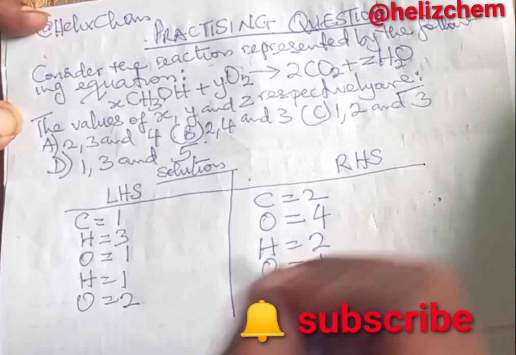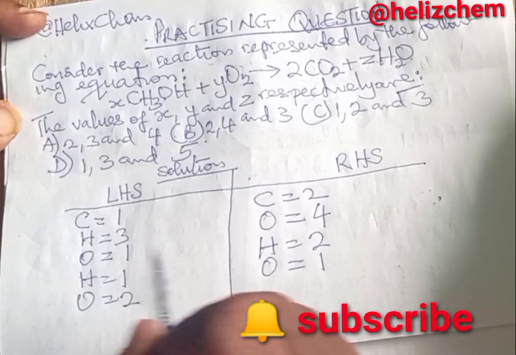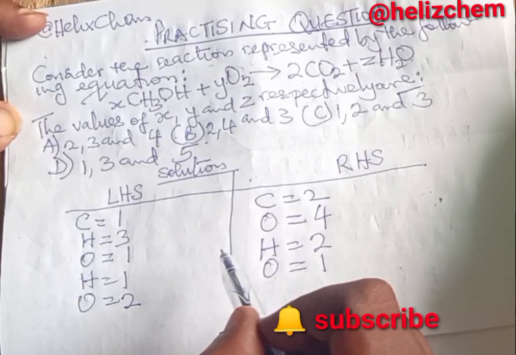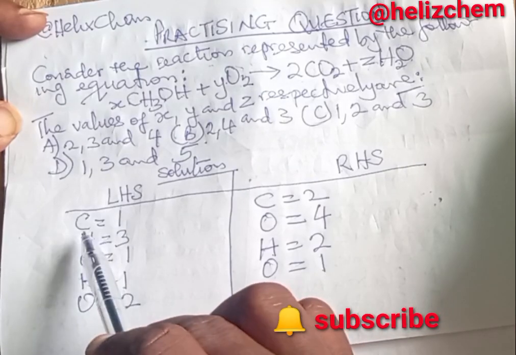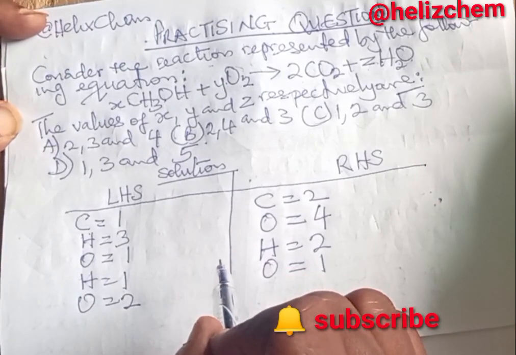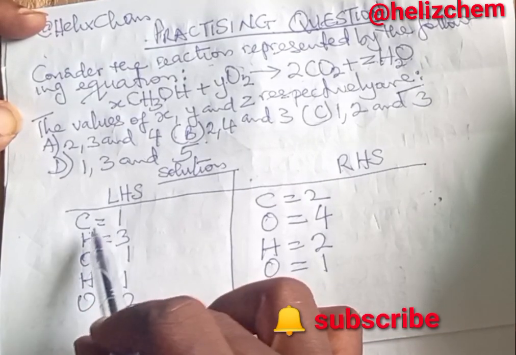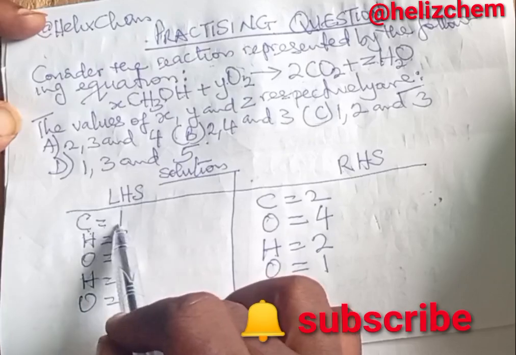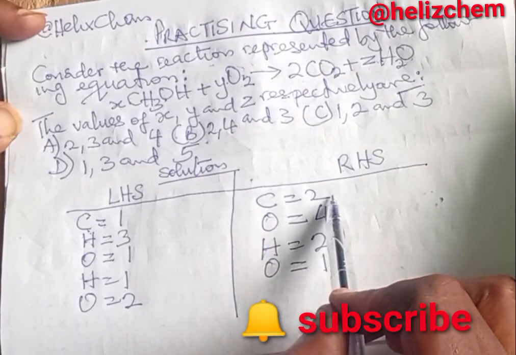So what we are going to do now is we are going to use coefficients to balance it, and we are going to be checking each atom one by one, and that is why I call it check and balance method. If you look at the left hand side here, carbon has just 1, but here carbon has 2.